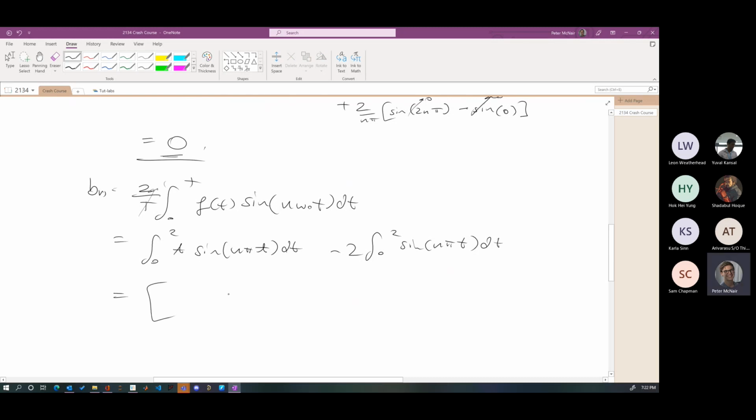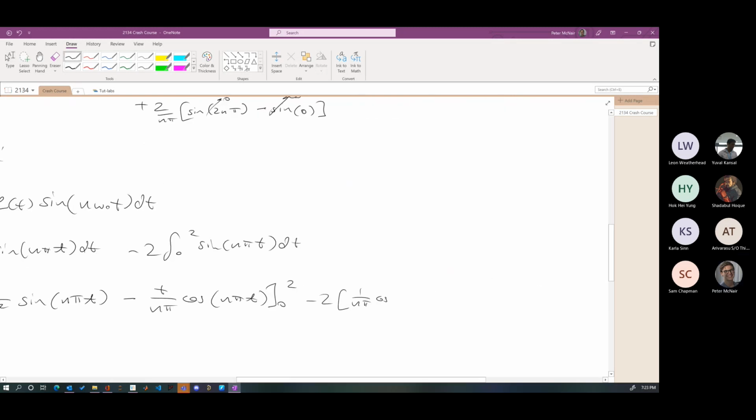So this one, we can again use our expression that we get given in the question. I'm just going to go through here to save a bit of time. Sine of n pi t over n pi minus t on n pi cosine of n pi t, minus 2 times minus 1 on n pi cosine of n pi t.